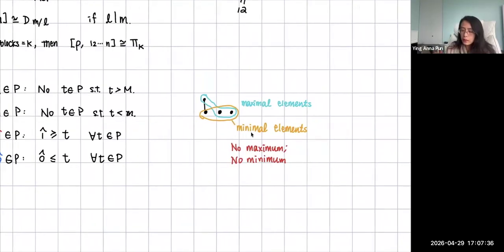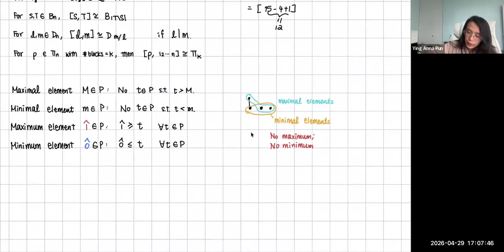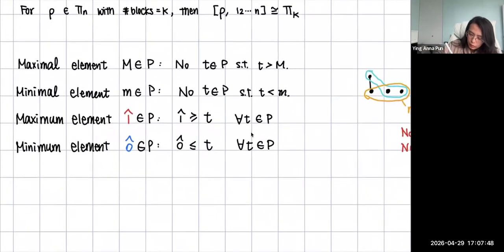A poset can have maximal and minimal elements, but it does not necessarily always have a maximum or minimum element. Right? But if you have a maximum, then it must be maximal, right? And then 0 is minimal.